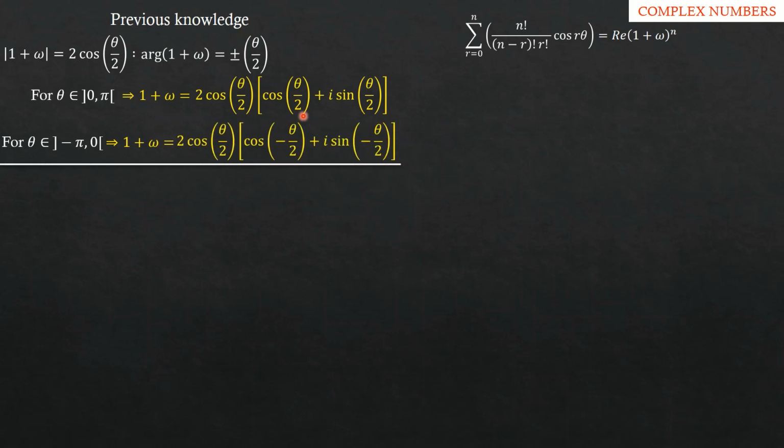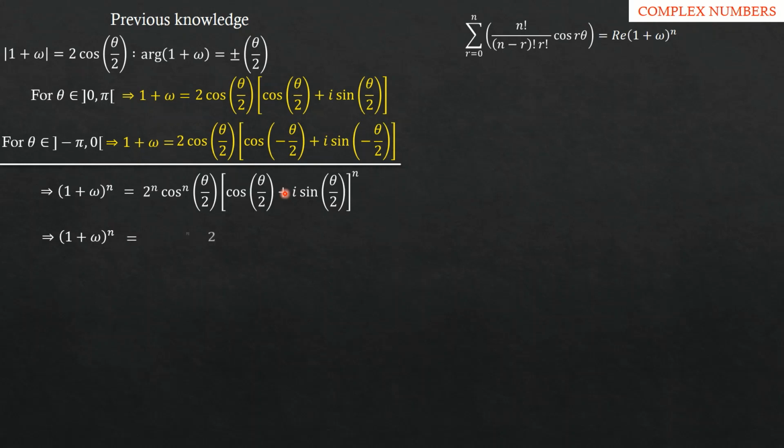Okay, now what about 1 plus omega raised to the power n? It means we raise both sides. I'm just going to consider the first part. We raise both sides to the n, right? So raising this left hand side to the n, we get this. Raising the right hand side to the n, we get this. Okay, so we can now try to expand.